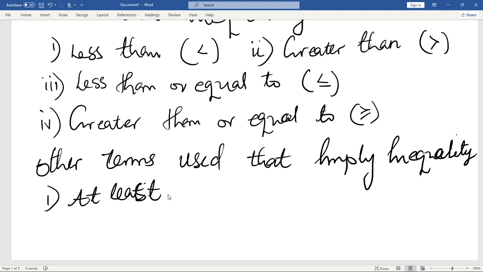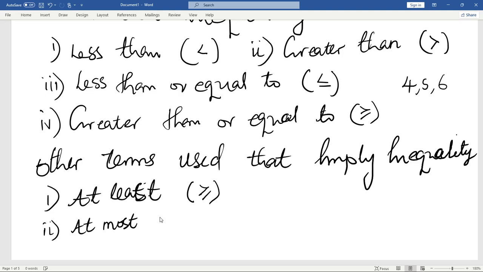Now this word at least simply tells us, if we say, for example, a number 4, at least 4, we're talking about numbers that start from 4, going to 5, 6, 7, 8, like that. So all these numbers are greater than or equal to 4. Meaning that for at least, the symbol that we use is greater than or equal to. Then the second word we have is at most.